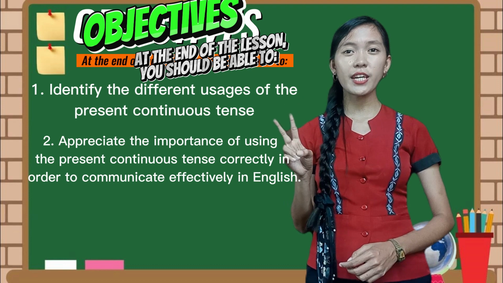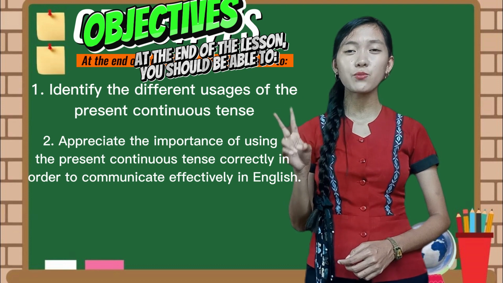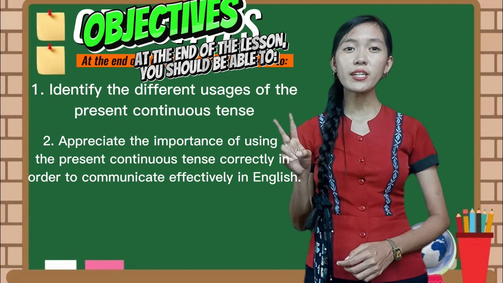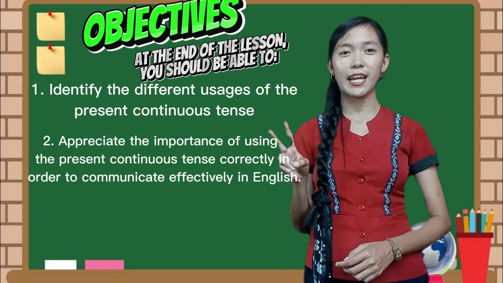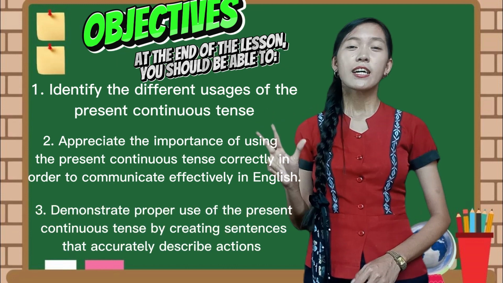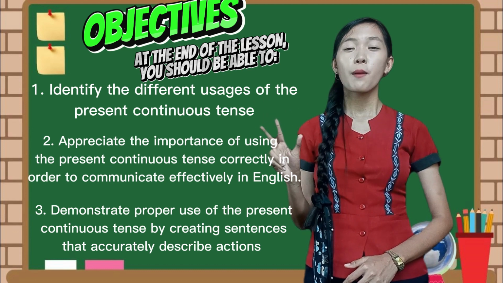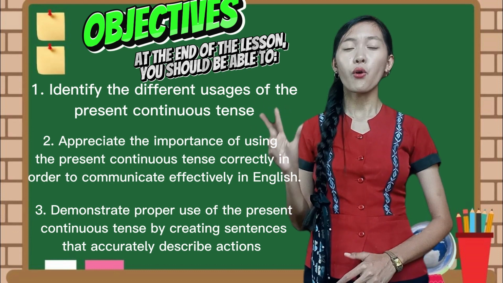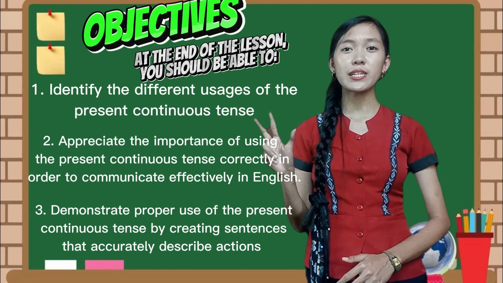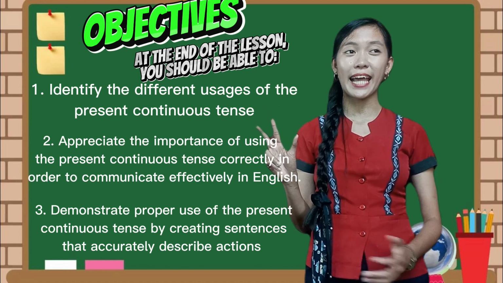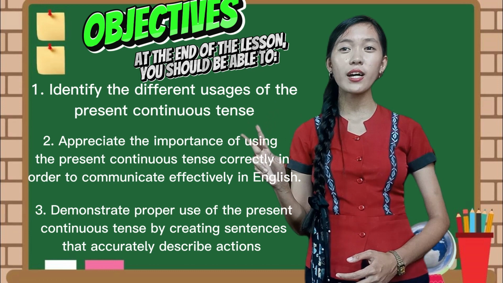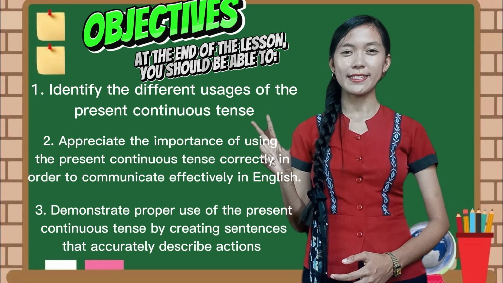Second is to appreciate the importance of using the present continuous tense correctly in order to communicate effectively in English. And lastly, to demonstrate proper use of the present continuous tense by creating sentences or a short story that accurately describe actions happening now, longer actions in progress, and near future plans.